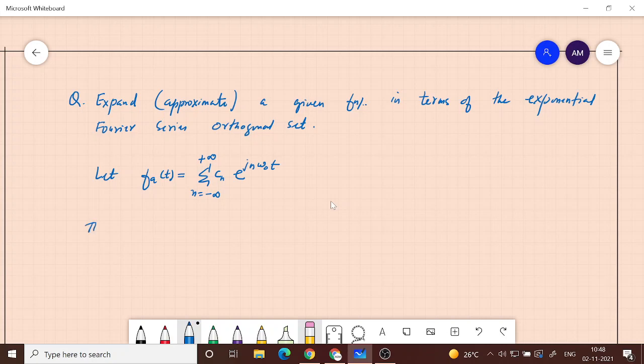Then the best value of Cn is given by what? Our main formula: approximate a given function, say f of t, and also let's say periodic, since these are good for periodic functions. It is the inner product of f of t, comma, e raised to j n omega 0 t.